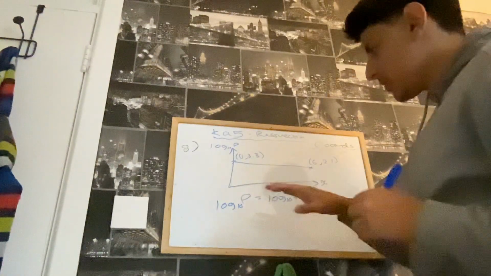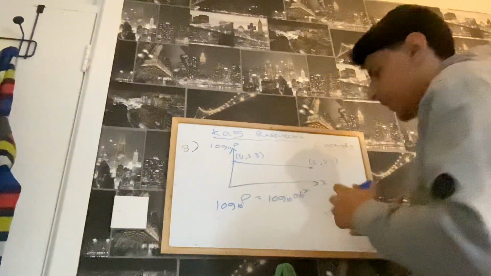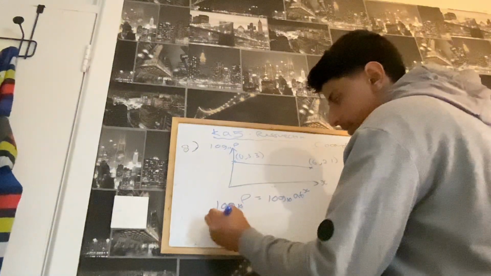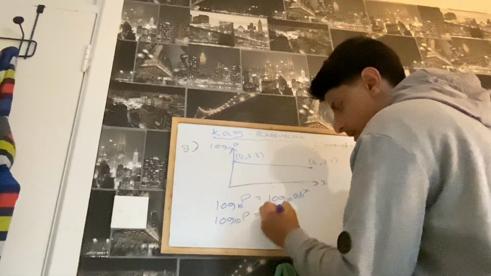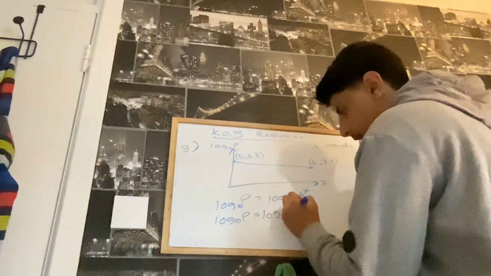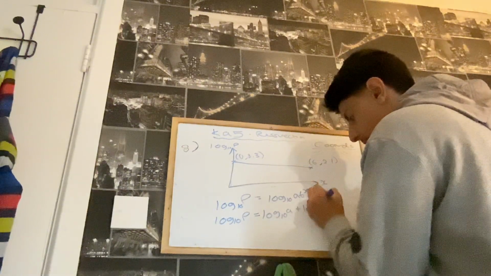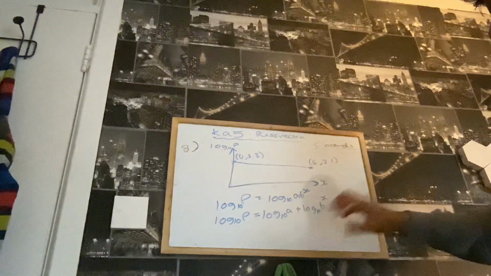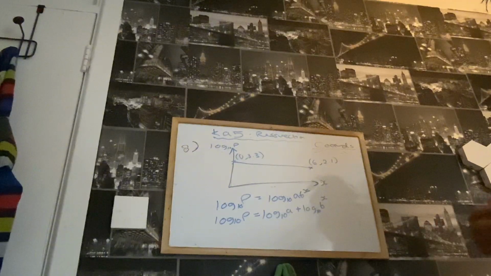Now that we have this equation, we can separate it out to find each value of a and b. So log 10p is equal to log 10a plus log 10b x. If we look at this, we can easily recognize that this is like an equation of a line, really.